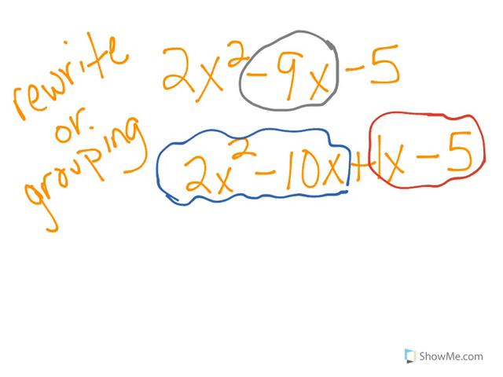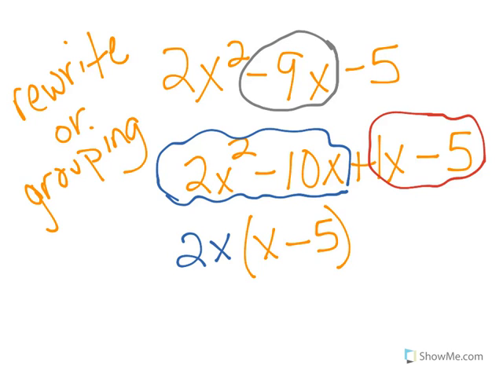What goes into both 2x squared and minus 10x? Well, 2x. And if I factor that out, I'm left with x minus 5.